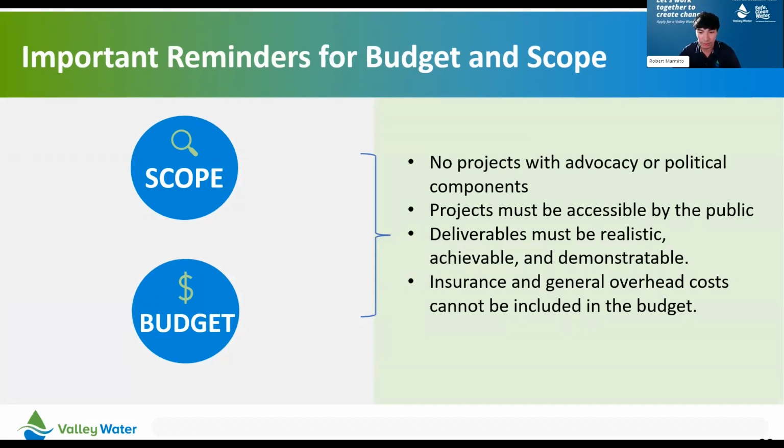Your deliverables must be realistic, achievable, and demonstrable. Your project must be accessible by the public. And lastly, your insurance and general overhead costs cannot be included in the budget. That's a couple of the items that are not eligible costs for the requested grant award.